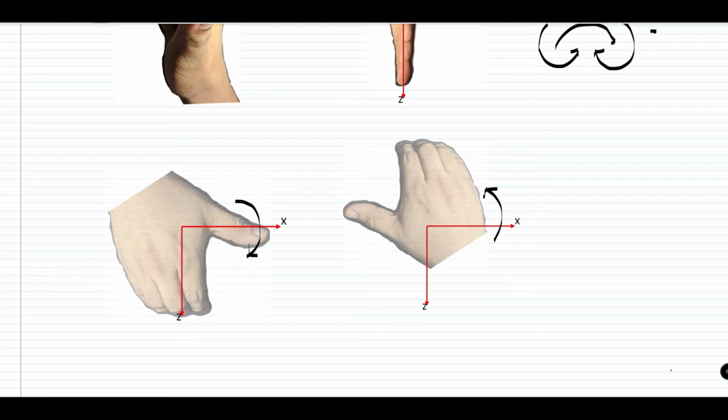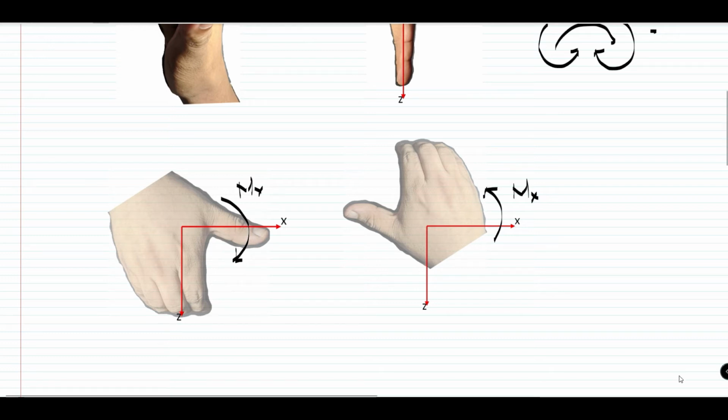So, mapapansin nyo, dinrawing ko na yung proper rotations na makikita natin using my right hand. So, kung mapapansin nyo, this is a moment about the x-axis and this is also a moment about the x-axis. Parehas sila nun. Pero ano yung pinagkaiba nila?